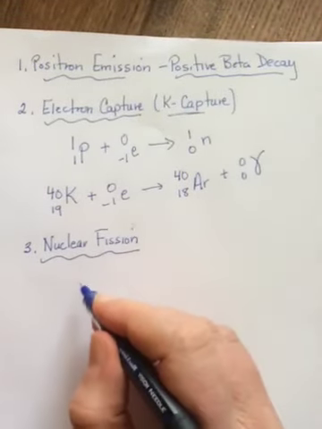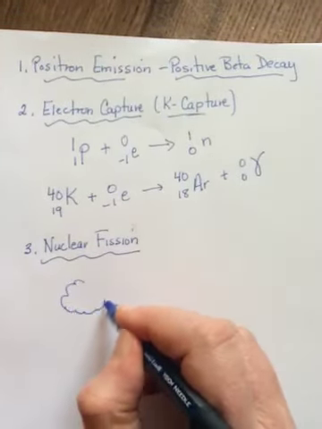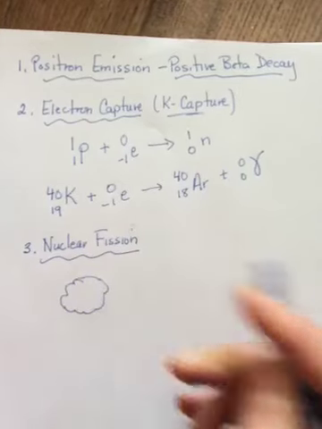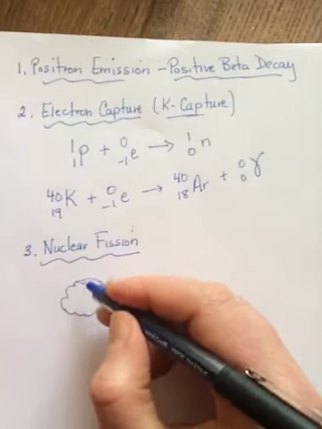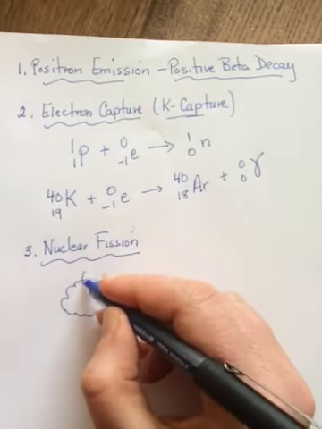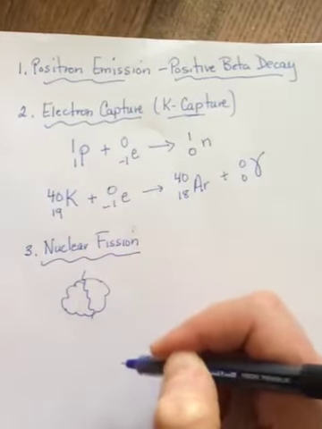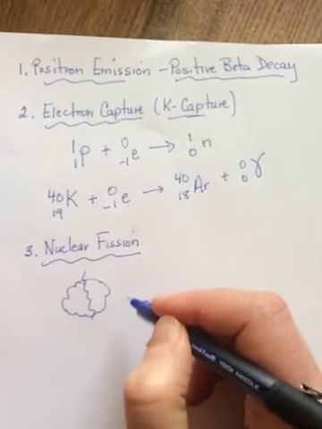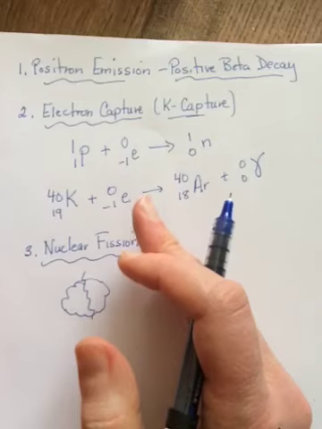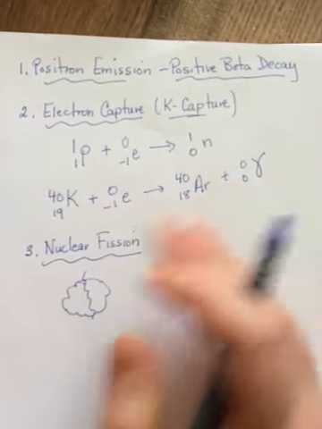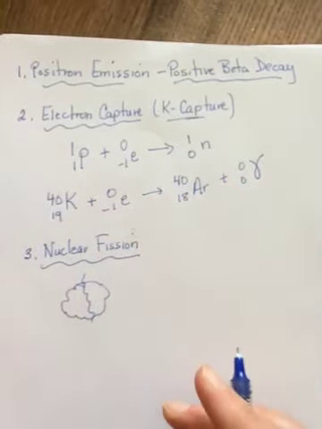So it's when you have a really large nucleus of an atom or an element that has a high atomic number, and it splits into two nearly equal pieces. It doesn't have to be totally equal, but it's not like one ends up with 40 nucleons and the other ends up with 3. It's more equal than that.